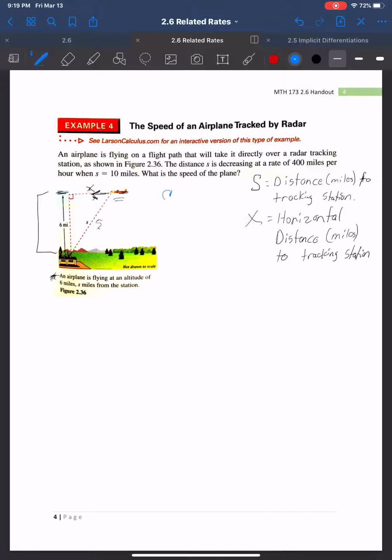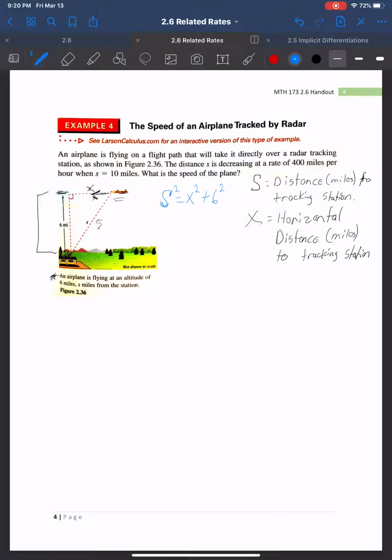So the hypotenuse, which is s squared, that's a horrible looking s, is going to be equal to the sum of each leg squared. All right, so that's our relationship. There we go. Now, if I have two variables, I have an s and I have an x.